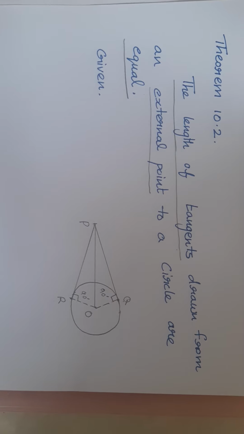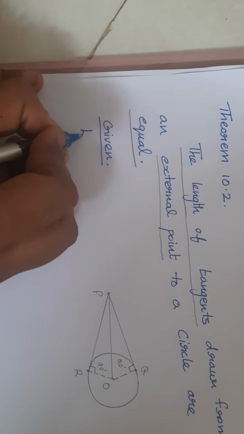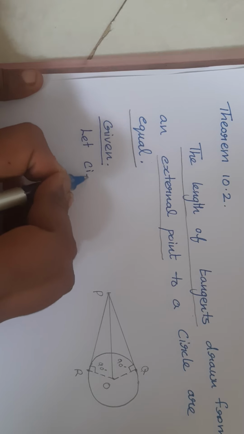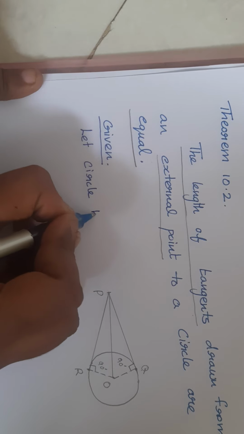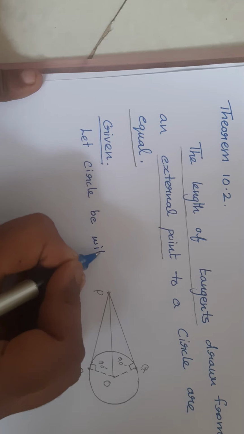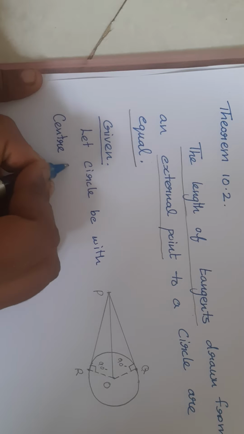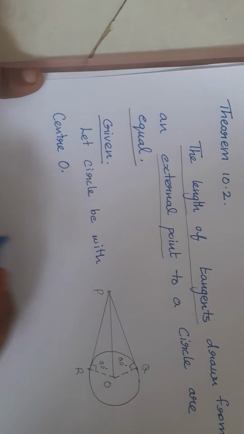So we start. Given: let the circle be with center O. This is the first given.